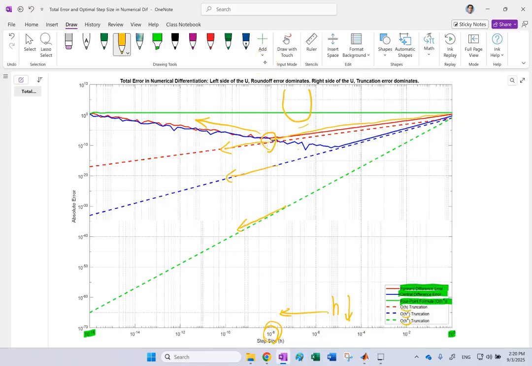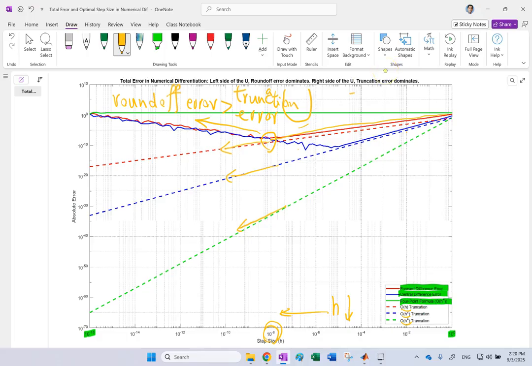So on this side, the roundoff error, as I said in the topic, is bigger than the truncation error. The roundoff error will dominate.